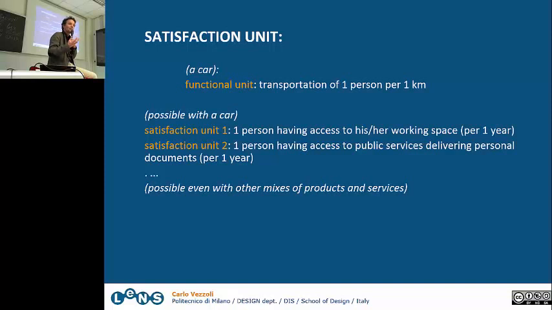But if I need to get a document from the municipality of Milan, frankly speaking, I really don't need to have a car. I can get this document through the internet in different ways. And I made a very easy example that we can cure people now with long distance treatment and something like this. Okay?